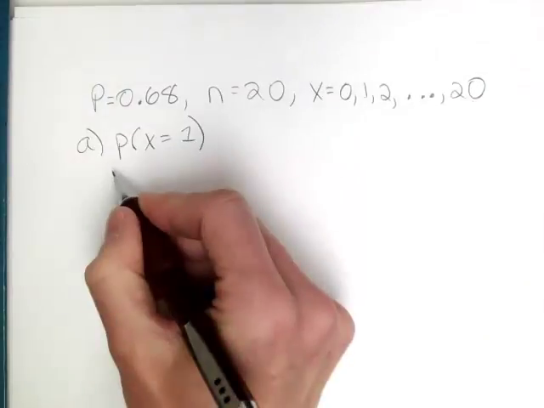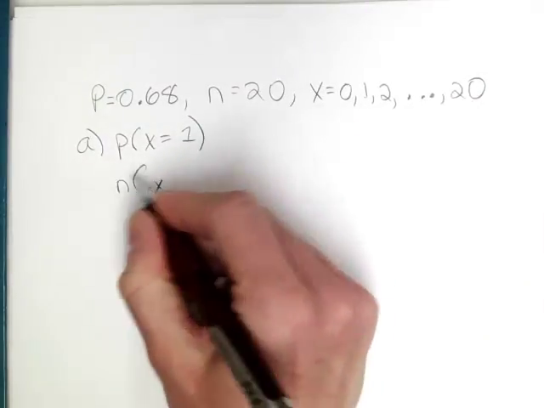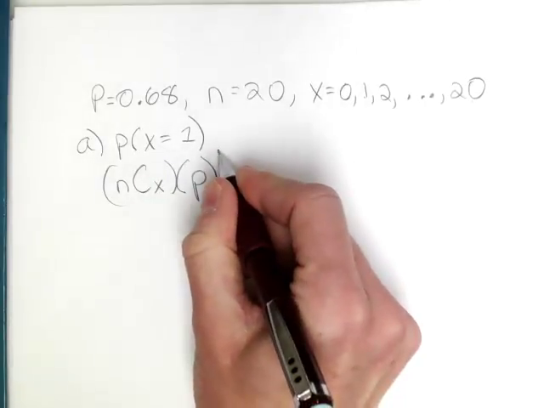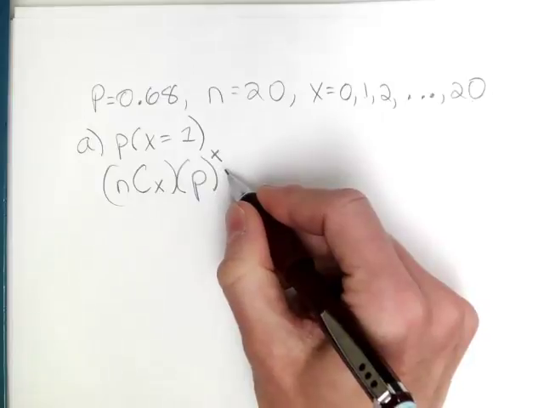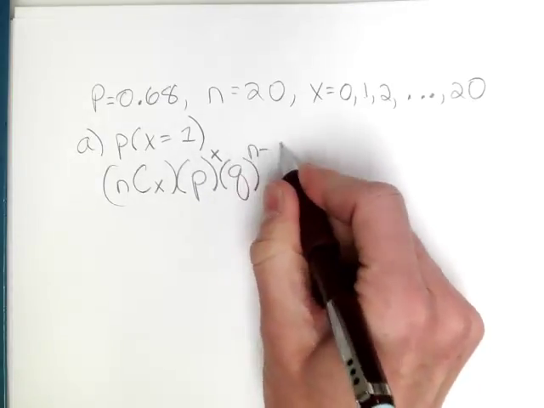Using the formula, it's going to be N choose X times the probability of success to the X power times the probability of failure raised to the N minus X power.